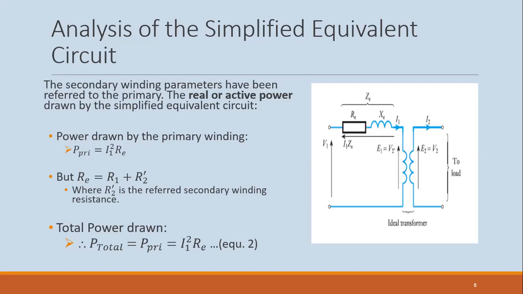But on no load, V1 is equal to E1 and V2 is equal to E2. Now, when a load comes on, is that clear?